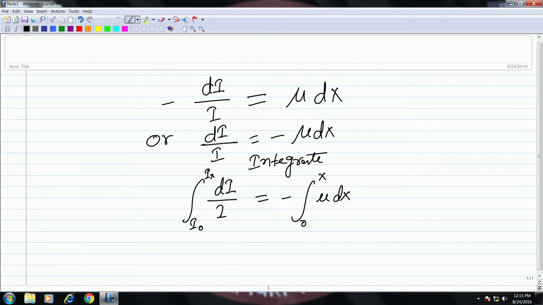And from this you get on the left hand side ln I x by I naught, and if you integrate the right hand side you get minus mu x.